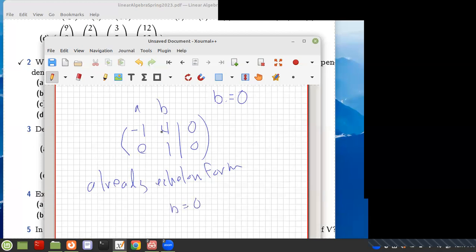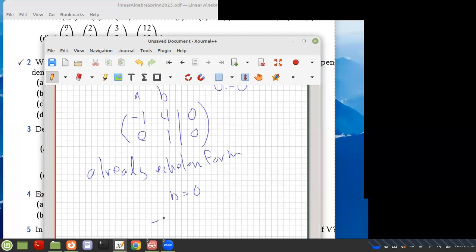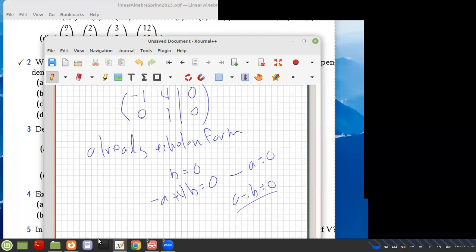B equals 0 is the second equation, and minus A plus 4B equals 0 is the first equation. Since B equals 0, that implies A equals 0. So A equals B equals 0. Therefore, these are linearly independent vectors.